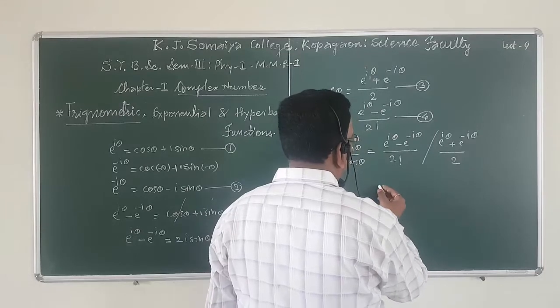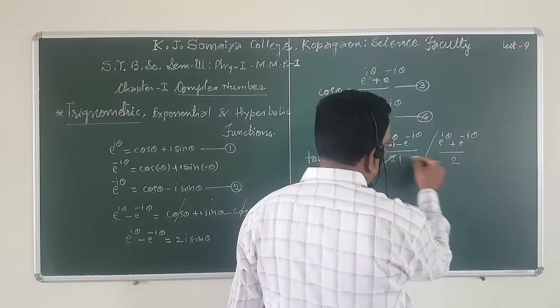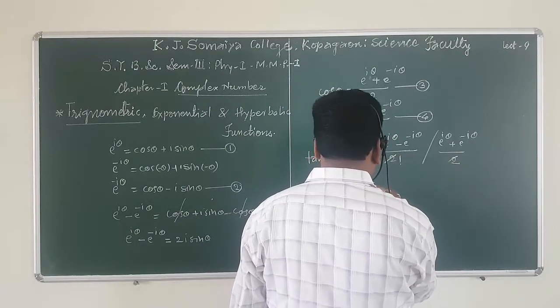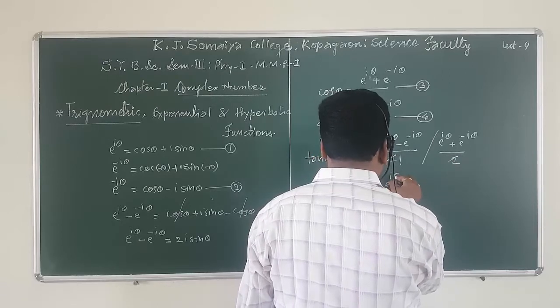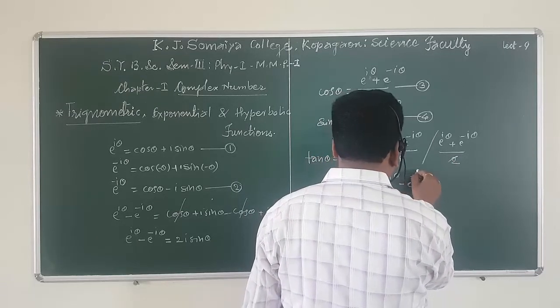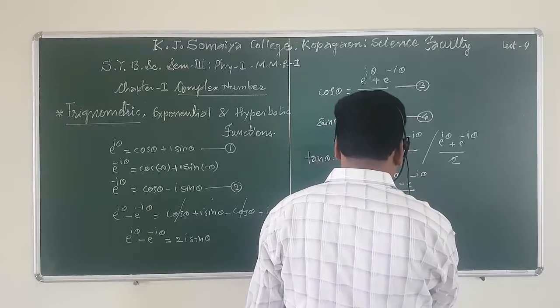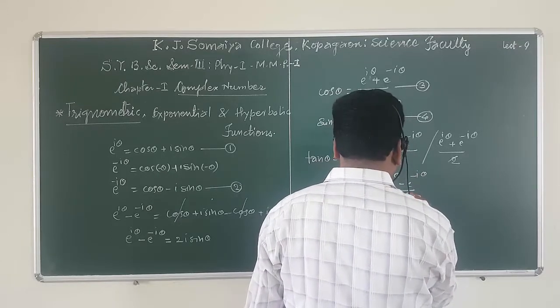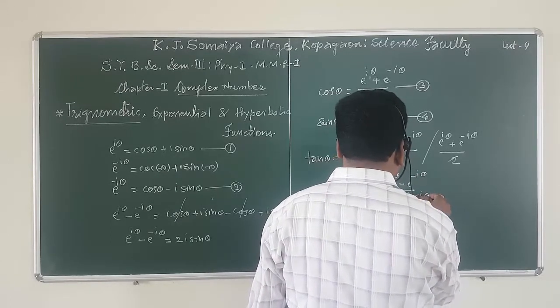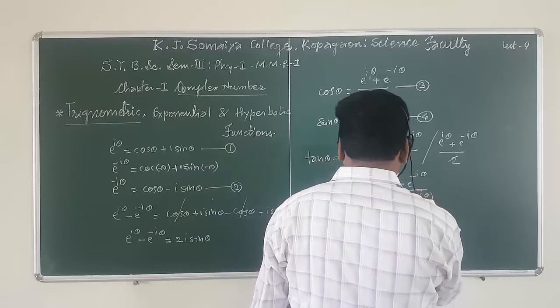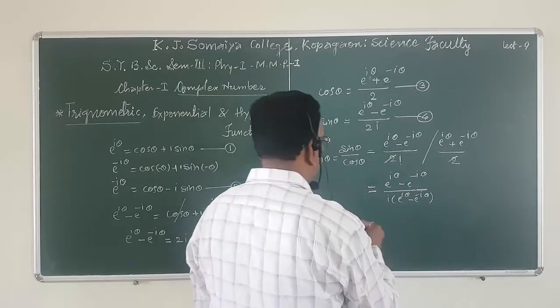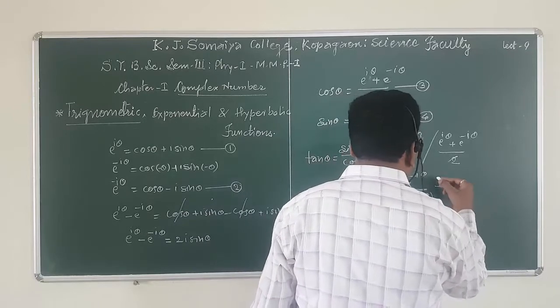Here the 2s cancel and we have e raised to i theta minus e raised to minus i theta upon i into e raised to i theta plus e raised to minus i theta. This is the third trigonometric relation, equation number 5. This is tan theta.